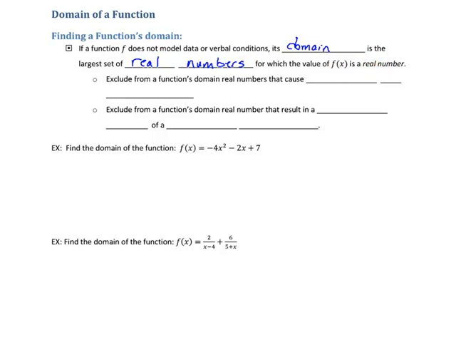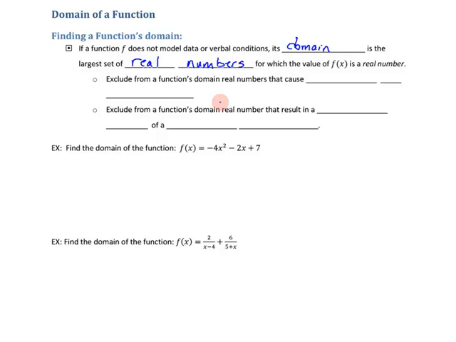Basically, what I'm saying with this statement is, in the event that we're looking at just the formula for the function, as you see two formulas down here, and not within the context of a particular problem where, for example, we may be modeling something in the real world and we're talking about dollar values, so we're limited to actual discrete values of the dollar. Or if we're talking about time, we wouldn't ever talk about negative time in those examples.